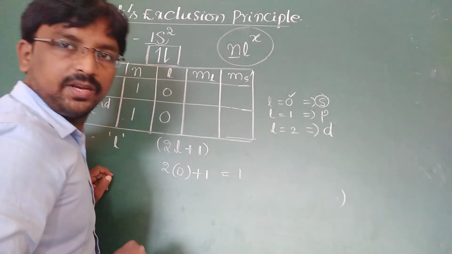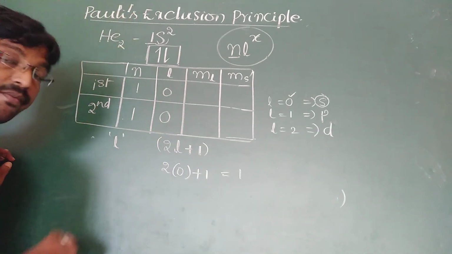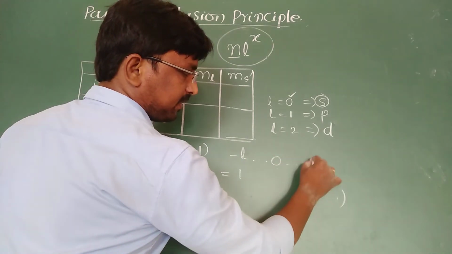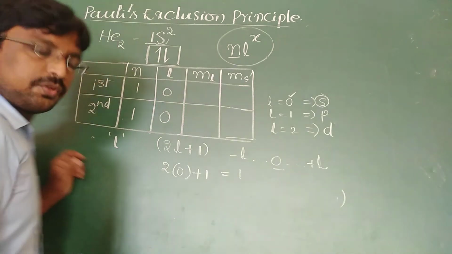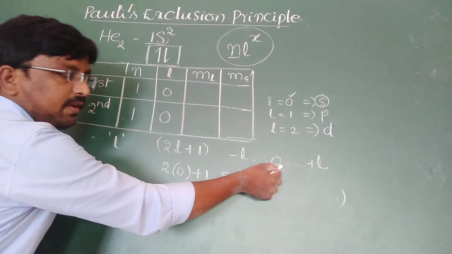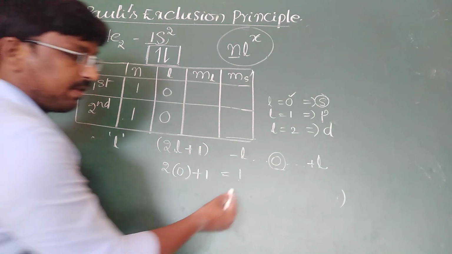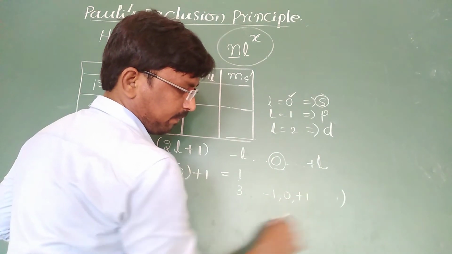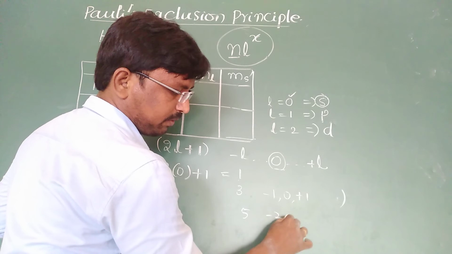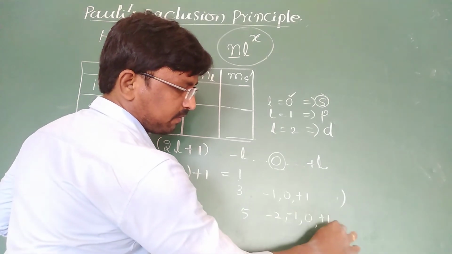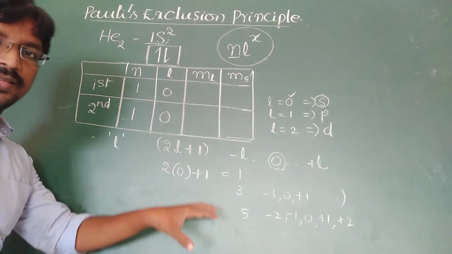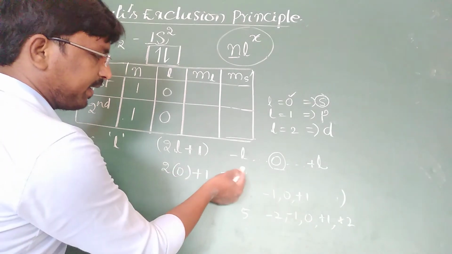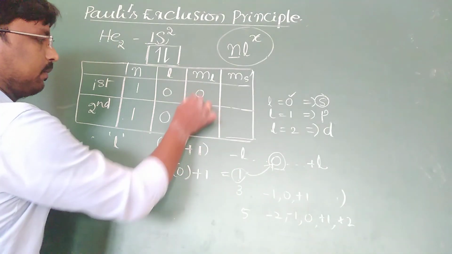One value of m will appear. The m values run from minus l to plus l including 0, so there is only one value here, and that value is 0. If the number of values is 3, the values are minus 1, 0, plus 1. If it is 5, the values are minus 2, minus 1, 0, plus 1, plus 2. Like this the m values can be taken. Here only 1 came, so we use 0.